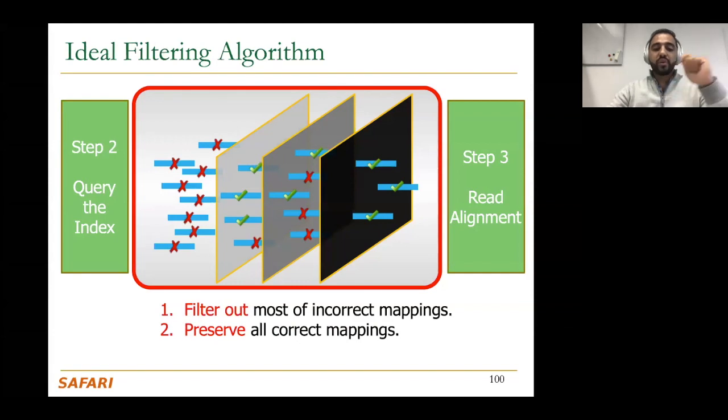And we need to preserve all correct mappings such that we don't have false negatives. And we need to do it quickly, much faster than the sequence alignment itself. Otherwise, why add more steps if it slows down the entire pipeline? So we really need cheap computation here, such that we reduce the workload for dynamic programming significantly.